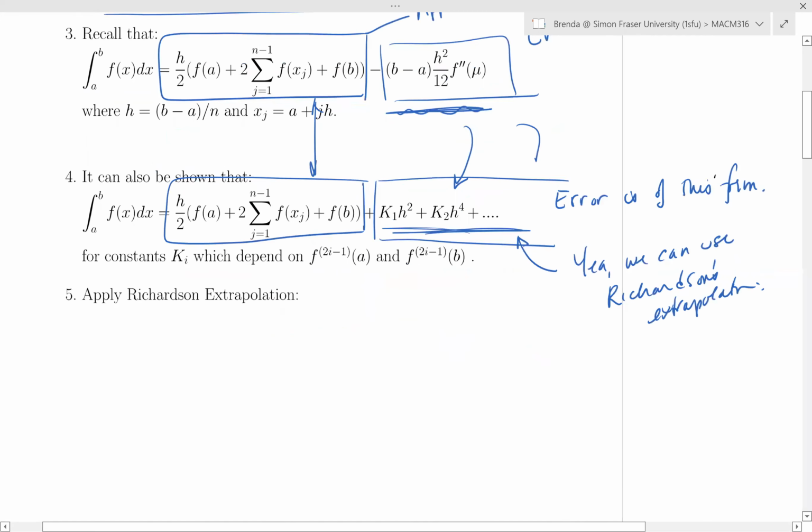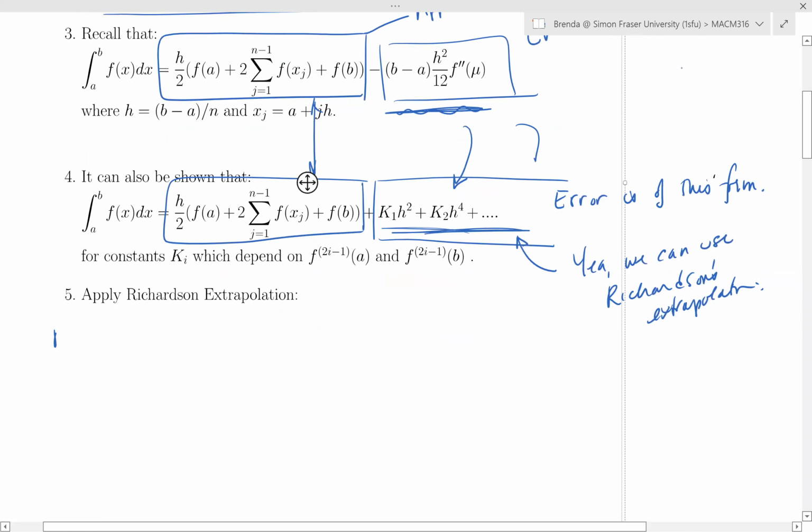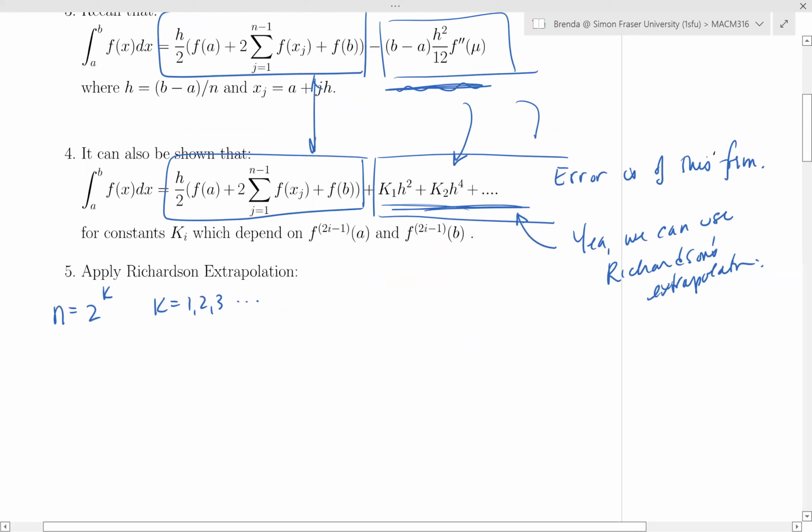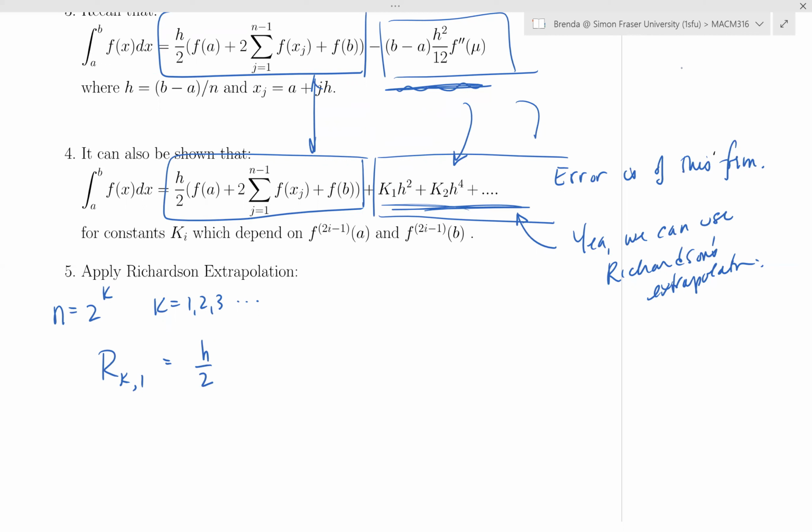Right here we're going to have n be 2 to the k. We're going to make an estimate, and I'm going to do it for the general situation. So k is going to be 1 to start, and we're going to make our first approximation.